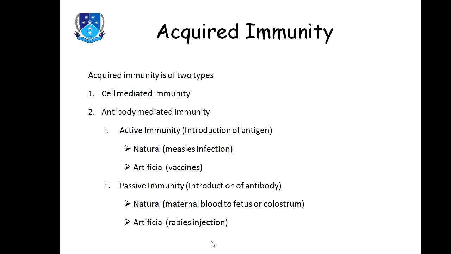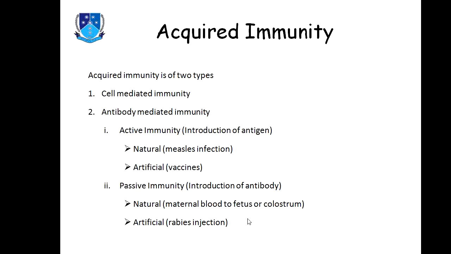Artificial passive immunity is the immunity when we provide some antibodies to an individual who is infected by a specific microbe.